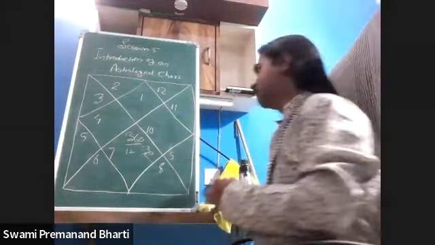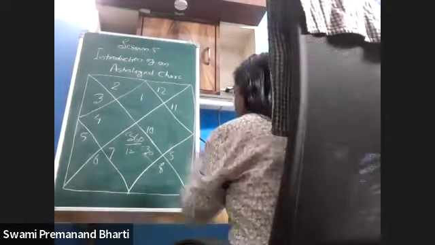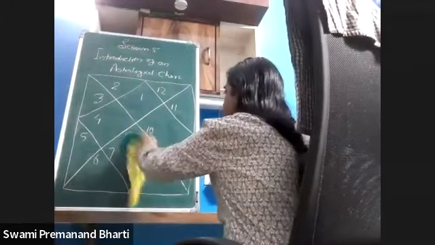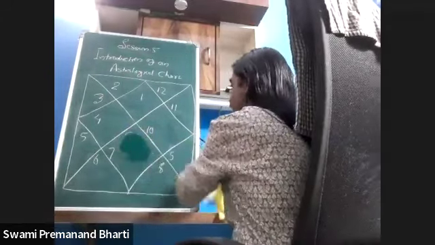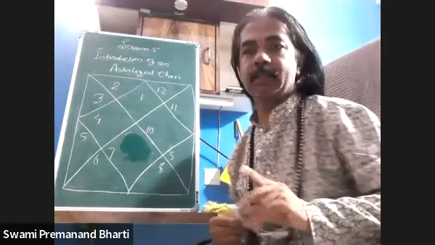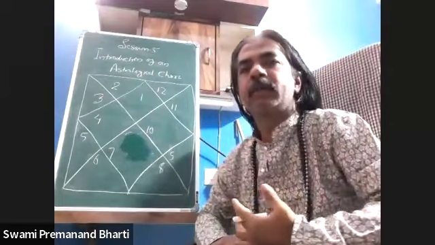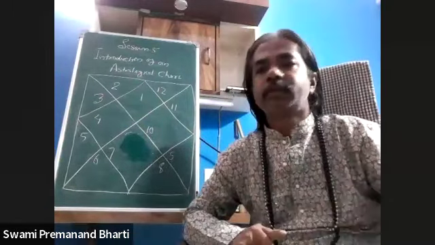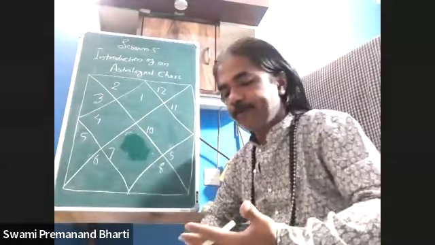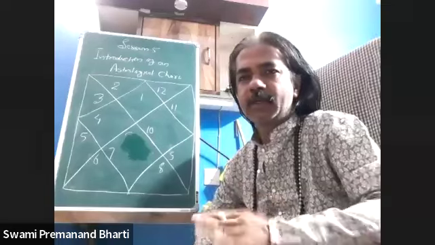There are many systems where you will find houses and signs either more than 30 degrees or less than 30 degrees. Like the Cook system, which gives the concept of interception and all.